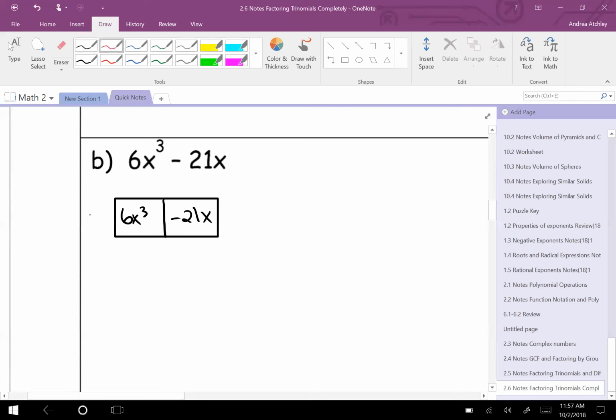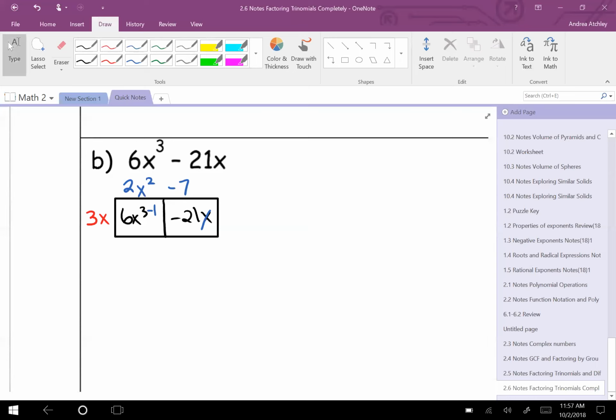Okay. So they can both divide by 3, and there's just an x by itself. They both have x's, and the smallest amount is x to the first. Now we're going to divide. 6 divided by 3 is 2, and I take away an x, I get x squared. 21 divided by 3 is negative 7, and I take away the x, and there's no more left. So now I have 2x squared minus 7.